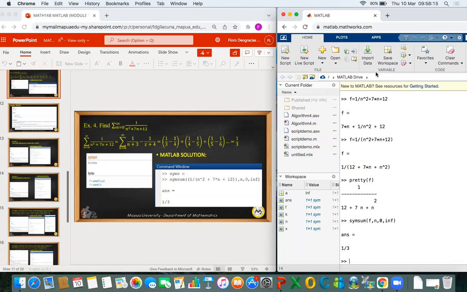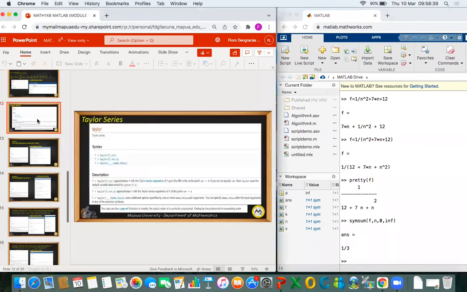So take a screenshot of this part, including your name, so that I will know that you are the one who used MATLAB.